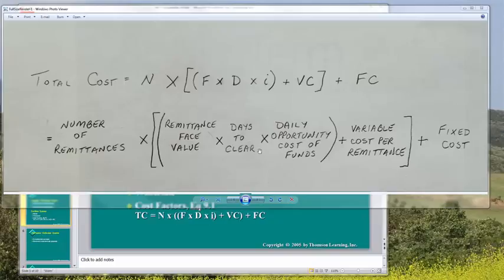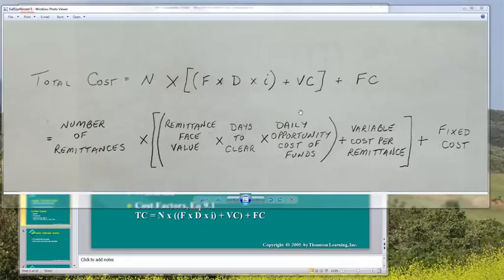That's what's here in the parens. We've got three elements within this inside paren here. The remittance face value, how many days float there is before it clears, and what is the relevant cost of funds. And then there's going to be a variable cost of dealing with it, just the cost of handling, plus a fixed cost.